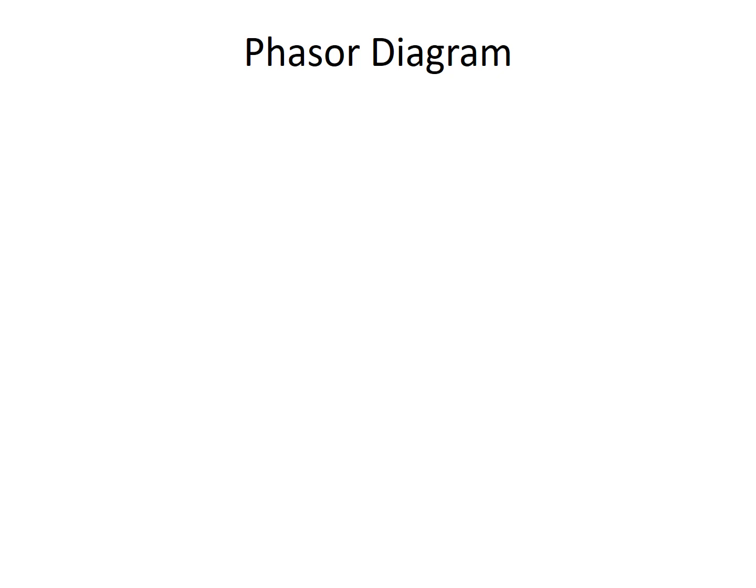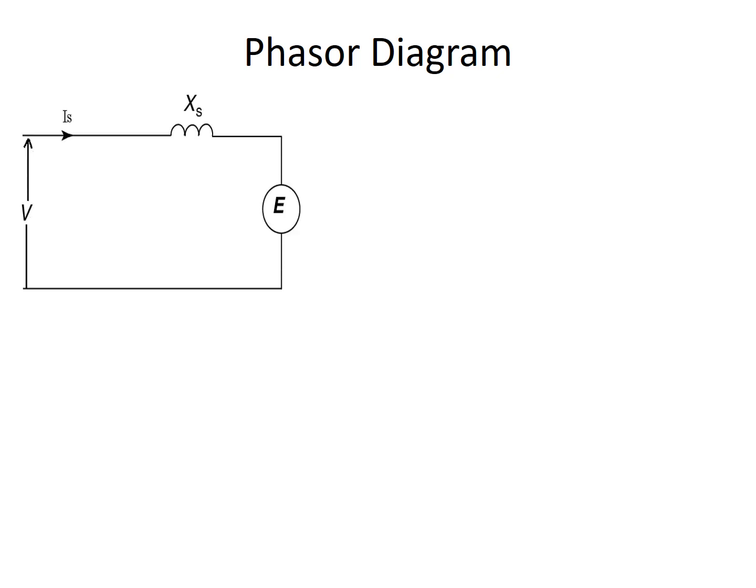Let's study the phasor diagram for cylindrical rotor motor. So I will redraw the equivalent circuit, and you know that V will be equal to E plus IsXs.